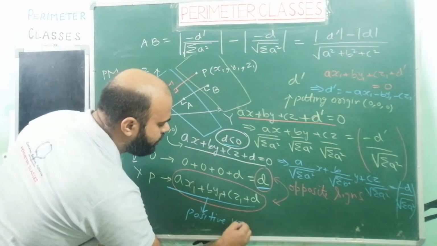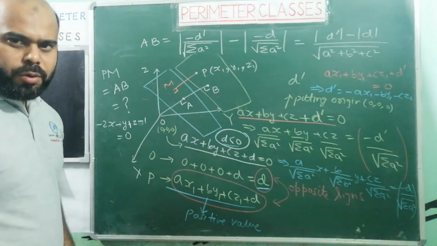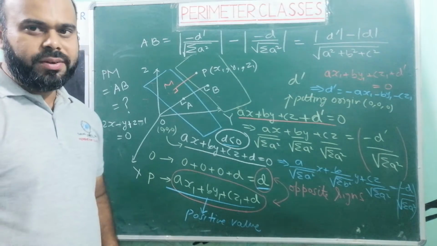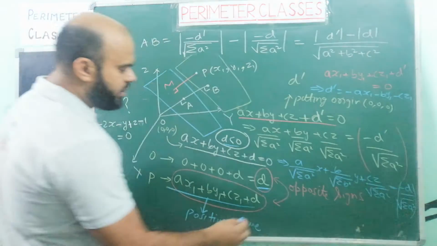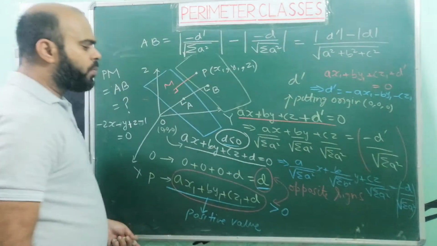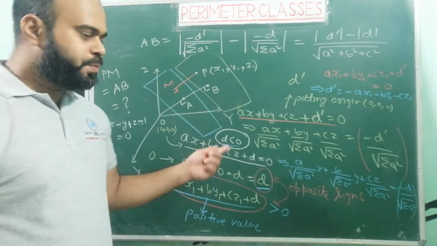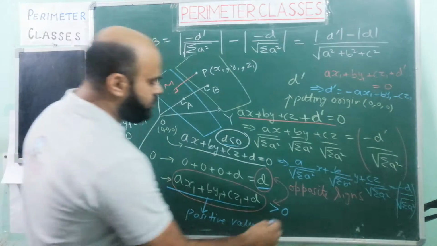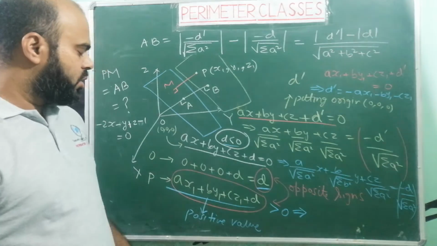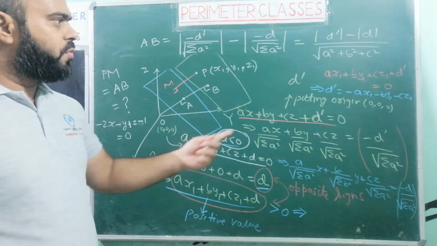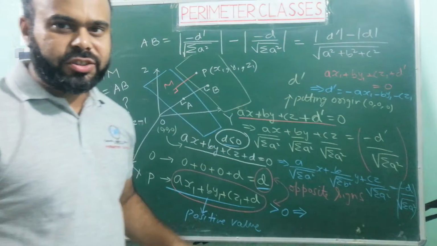ax1 plus by1 plus cz1 plus d is a positive value, that means it is greater than 0, because d is a negative value. Now if we want to write this further, we want to decide the sign of d dash.